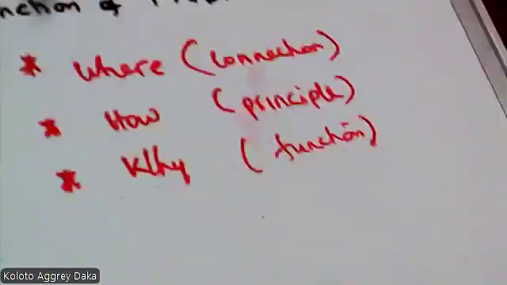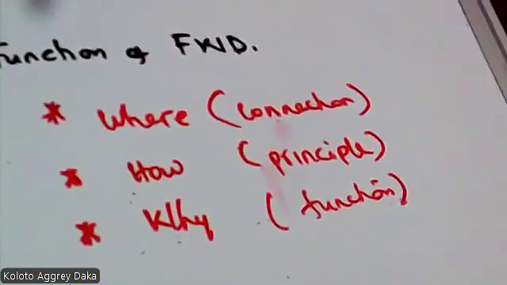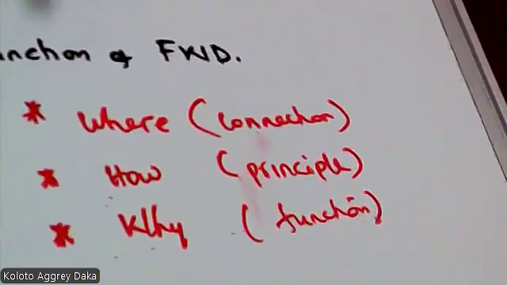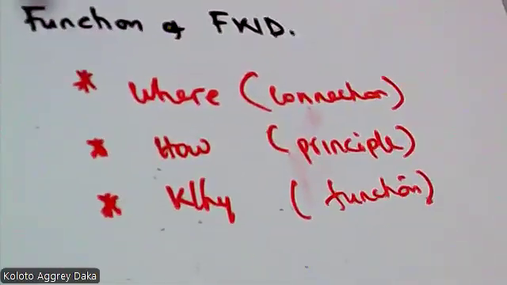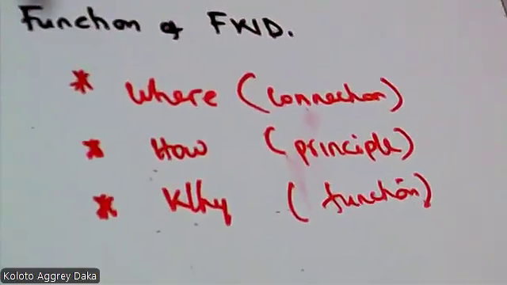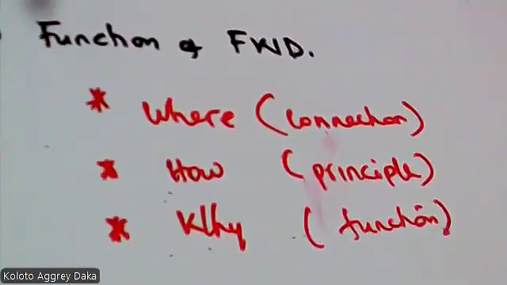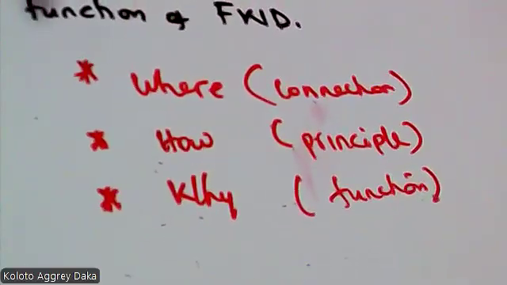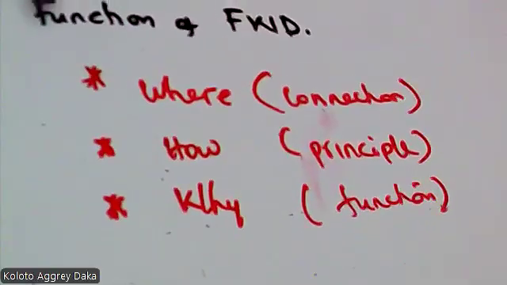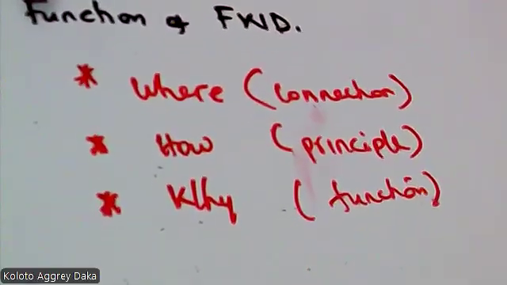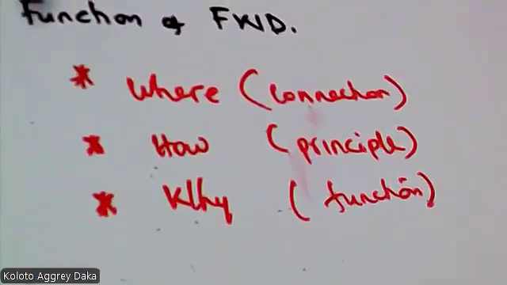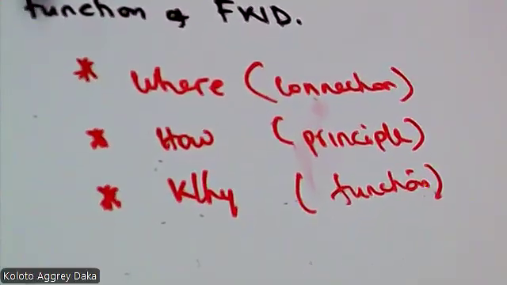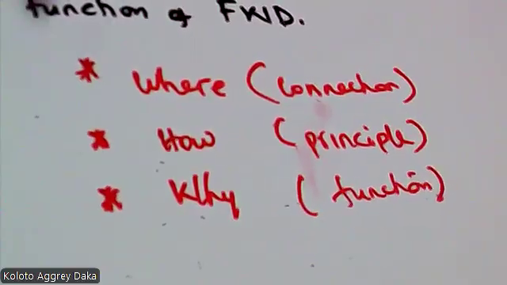So even whether it's machines, power electronics, or control systems, when they ask the function of something, in your explanation, include the where, how, and why. Then you would have answered the question correctly.